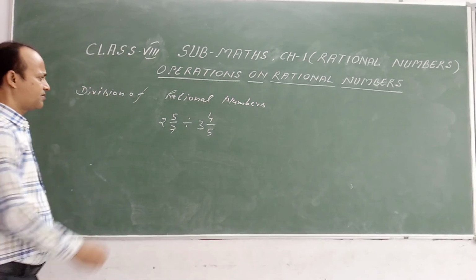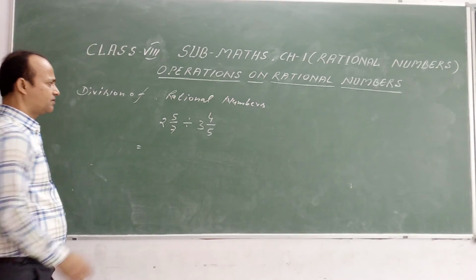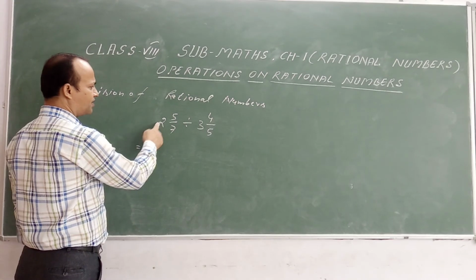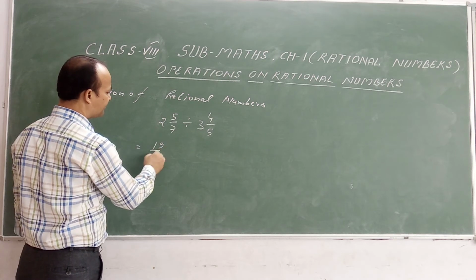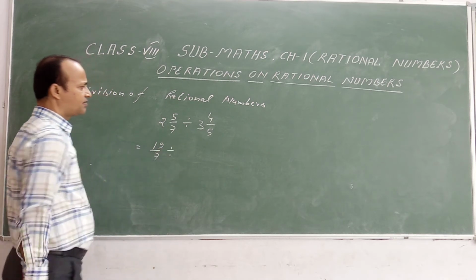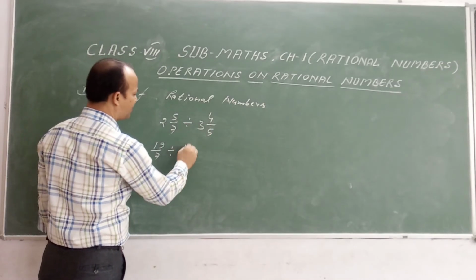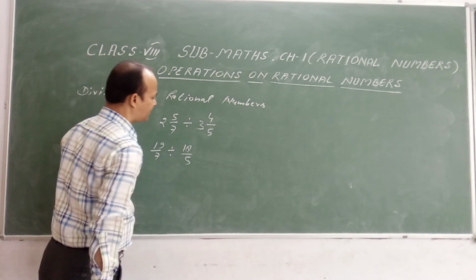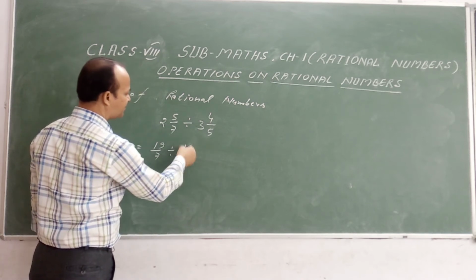In this case, change the number into improper fractions. 7 2s are 14 and 5, that is 19 upon 7, divided by 5 3s are 15 and 4, 19 upon 5.